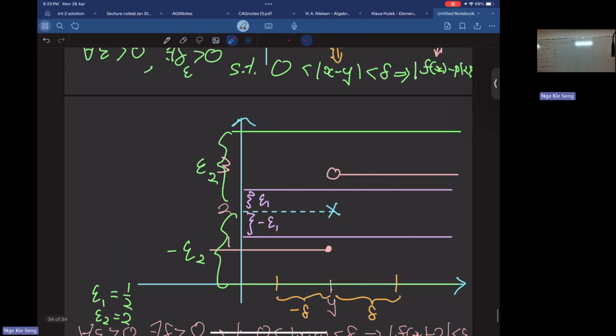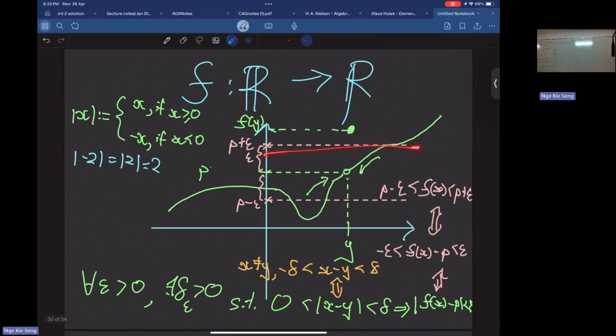But if you want to talk about limit, it has to be true for all epsilon. Can you see that? If I pick this epsilon here, where's the delta I can pick? Can I pick this delta, one plus delta, or not?